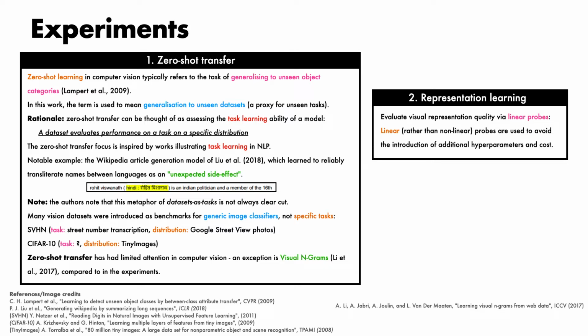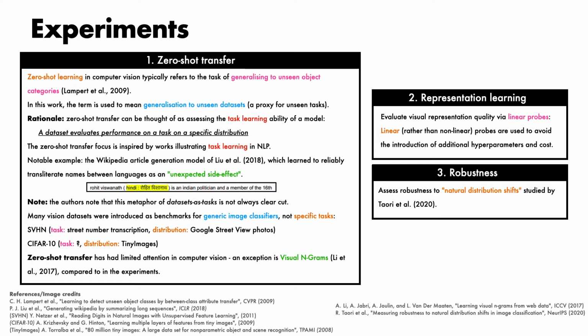Linear probes are used rather than nonlinear probes to avoid the introduction of additional hyperparameters and minimize the computational cost of evaluating many combinations of models and datasets. As a third assessment, CLIP models are evaluated for robustness on a collection of 7 natural distribution shift datasets, studied originally by Taori et al.